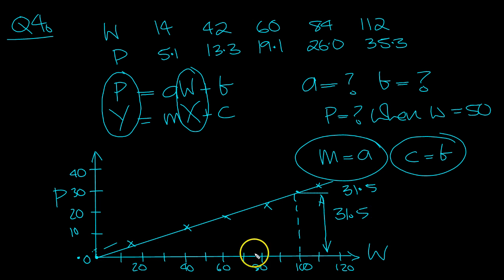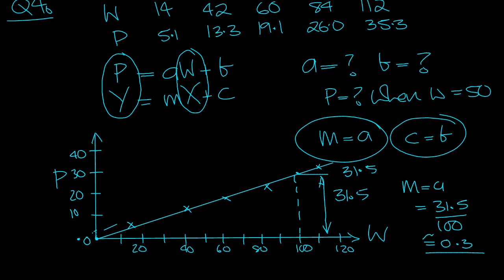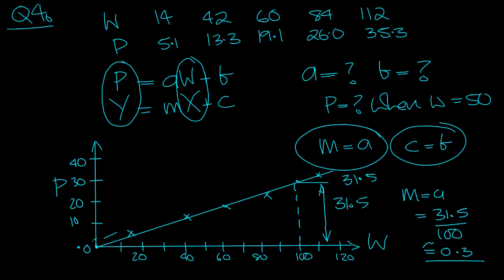The distance across the triangle underneath the line is 100. So 31.5, the gradient, which is A, is equal to 31.5 over 100, which I'm going to say is approximately 0.3. That should be okay from the accuracy that I can obtain.